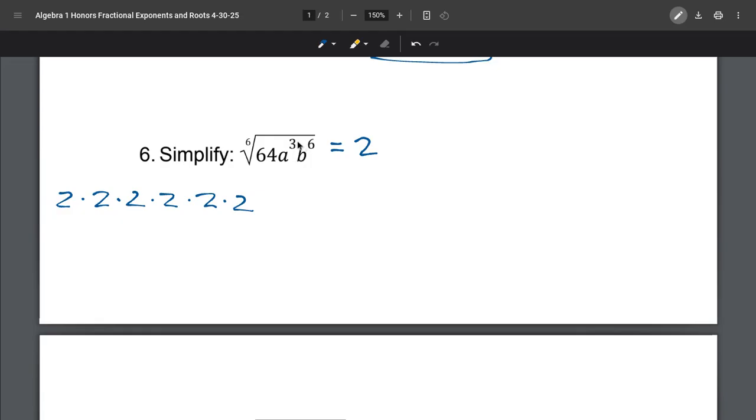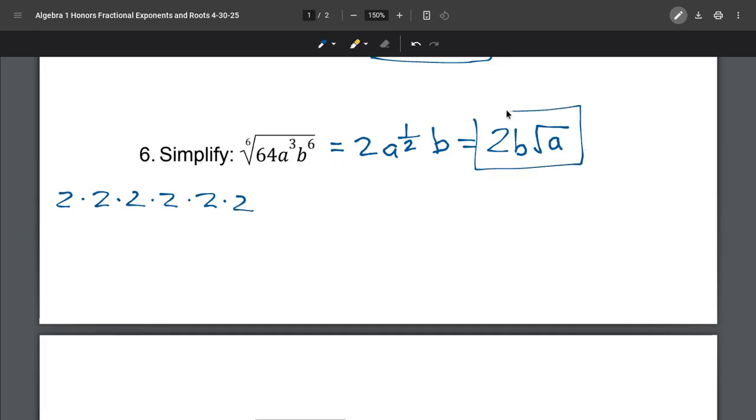Now, this is like 3 times 1/6, so 3/6 or 1/2. So we have a to the 1/2 power. We're going to deal with that in a moment. And then 6 times 1/6 is 1, so b to the 1st power. So I'm going to rearrange this as 2b. 1/2 power is like the square root. 2b times the square root of a.